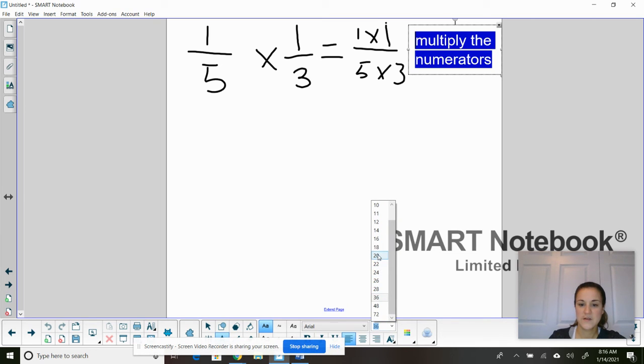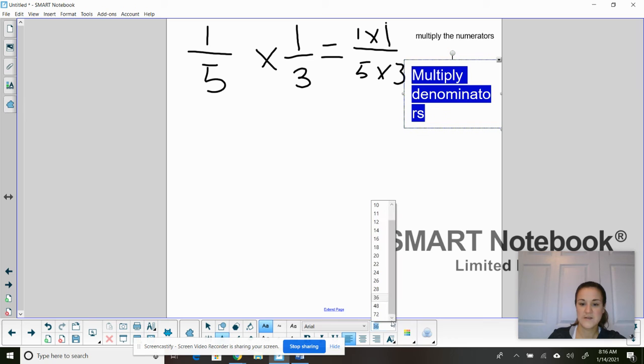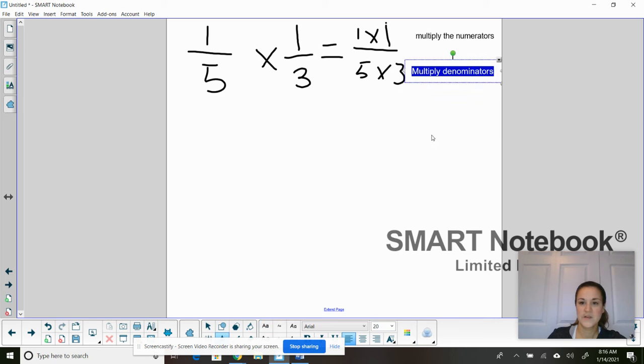And down here, we're multiplying the denominators. So multiply the numerators, multiply the denominators.